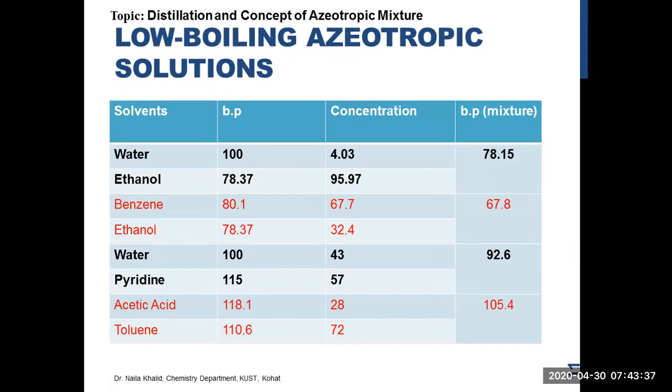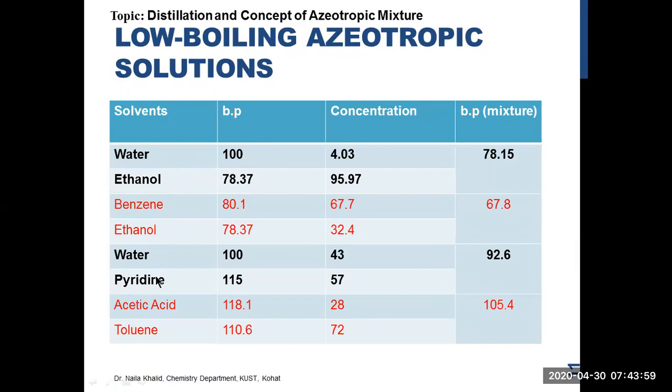Now, low boiling azeotropic solutions. These are examples of low boiling azeotropic solutions, which are also known as positive azeotropes. Water and ethanol system, 95% ethanol, with very strong hydrogen bonding even between water and ethanol molecules. Another positive azeotrope is benzene and ethanol, 67.7%.